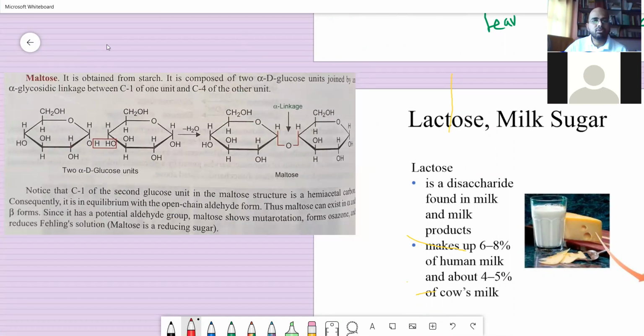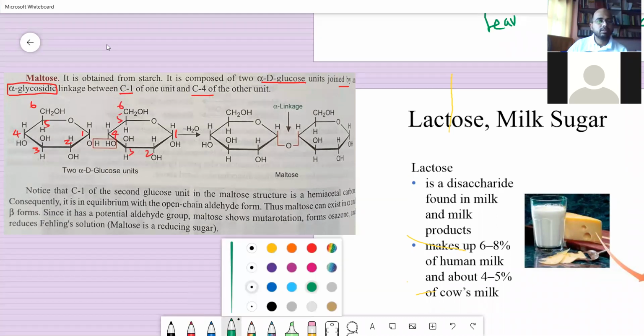It is composed of 2 alpha D-glucose units joined by an alpha glycosidic link between C1 of one unit and C4 of the other unit. The same thing I have done: 1, 2, 3, 4, 5 and 6, and again 1, 2, 3, 4, 5 and 6.